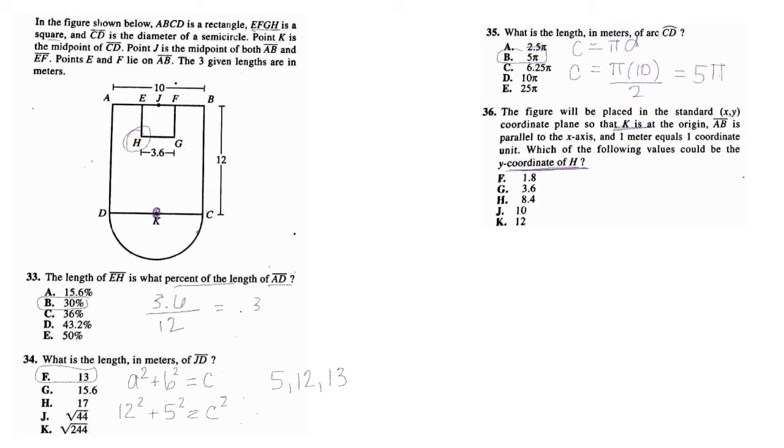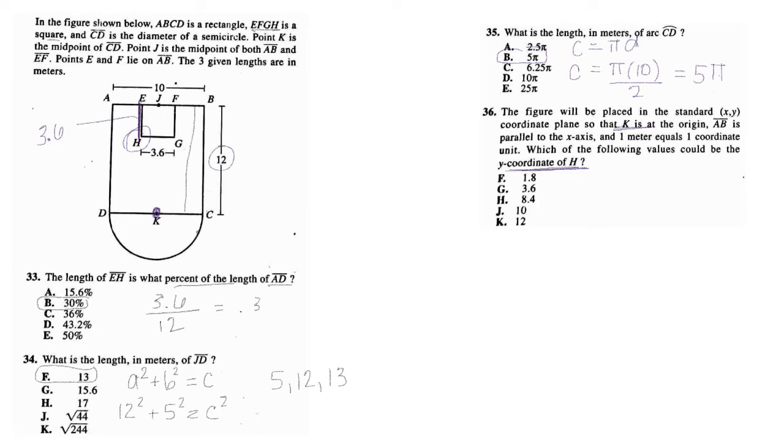Well, I think it helps for us to go back and remember that we were told that EFGH was a square. So that means this distance EH, that is also 3.6. And so what does that help? Well, from K all the way up to here is 12.